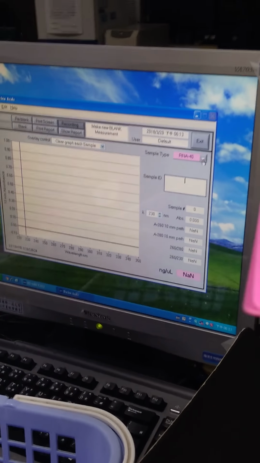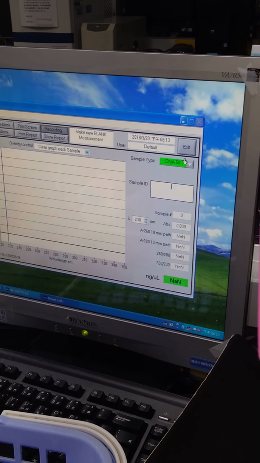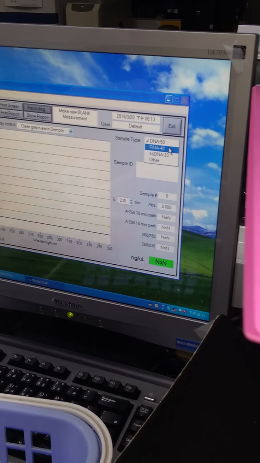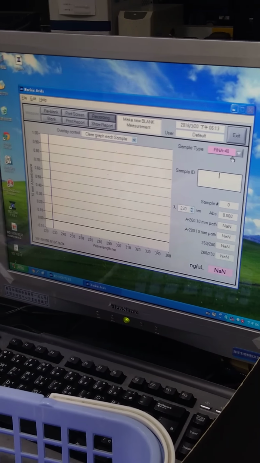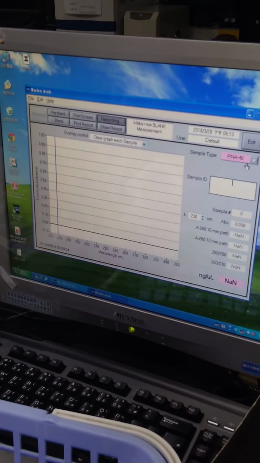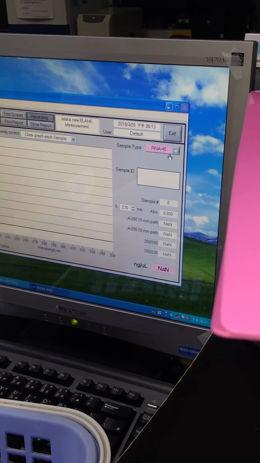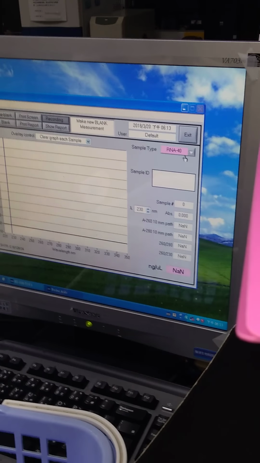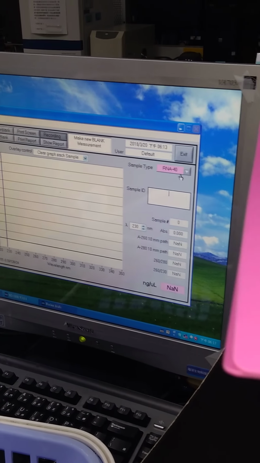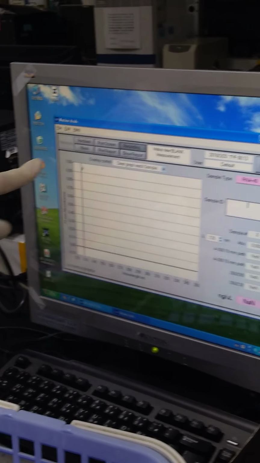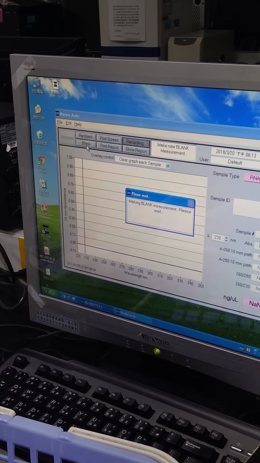Because usually the default setting for the sample type will be DNA, and you should change it to RNA. Then when it's calculating the concentration, if you choose DNA, it will be a little different from the realistic result. So then there's the blank, and you press blank.